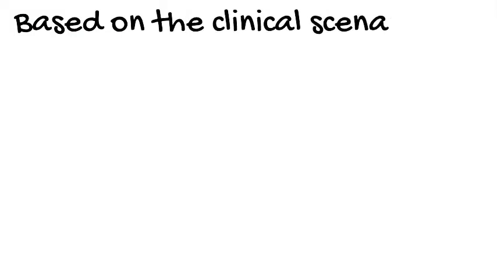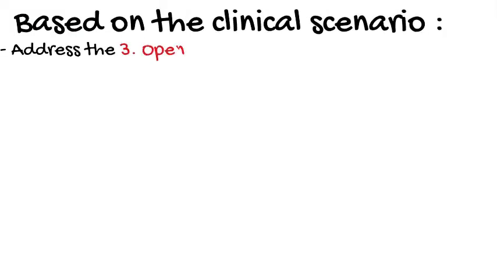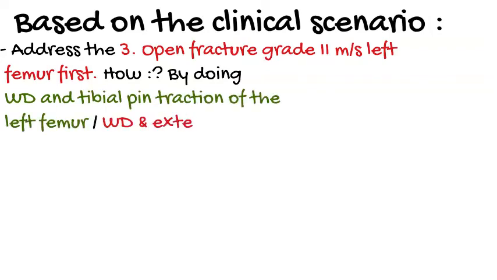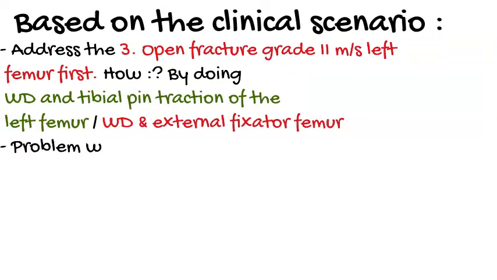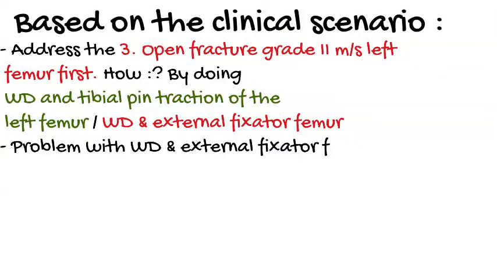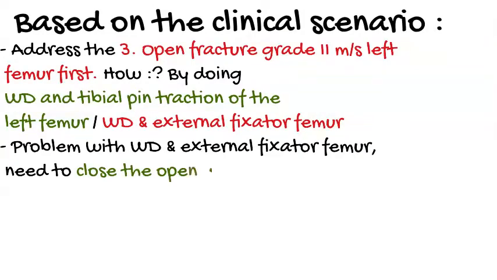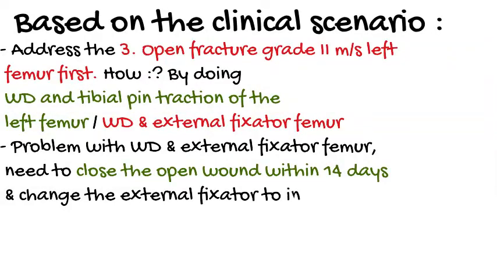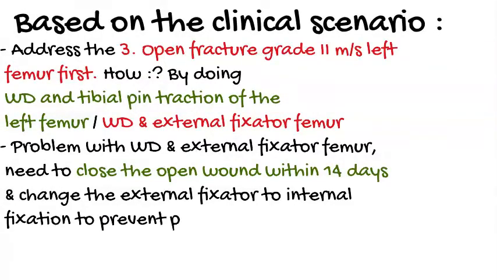Based on the earlier clinical scenario, we need to address number 3 first, the open fracture grade 2 mid-shaft of the left femur. This is done by wound debridement and tibial pin insertion with traction of the left femur, which is considered faster. Or we can do wound debridement and external fixator of the left femur.